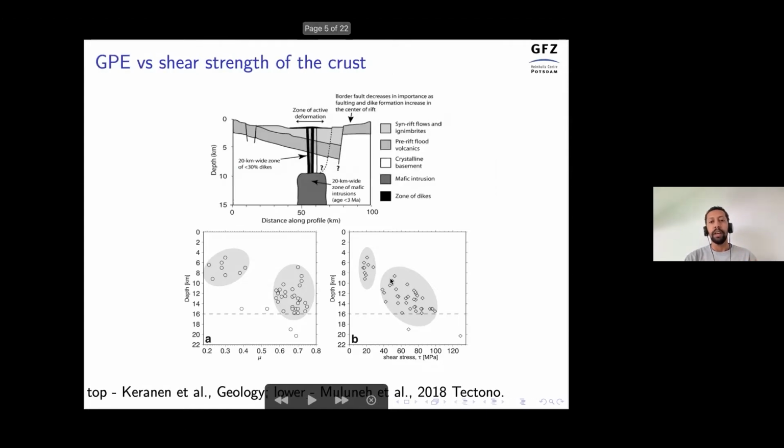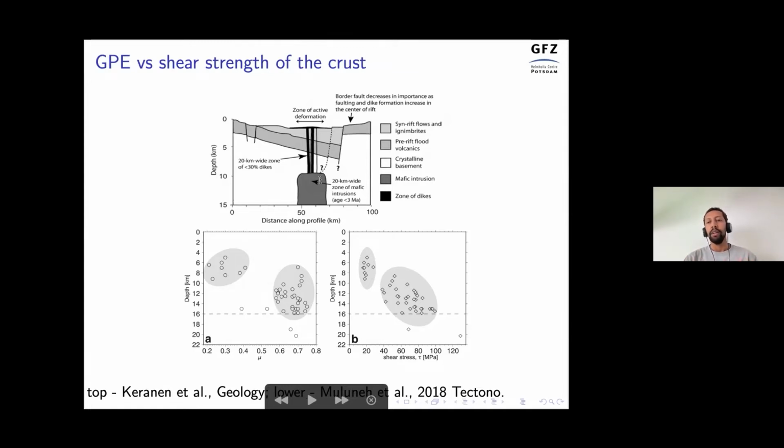This is a very nice schematic diagram again from a previous work, which shows that there is a dike intrusion in the main Ethiopian Rift, in the northern part, where we have a 20-kilometer wide zone of mafic intrusion. And this mafic intrusion will result in thermal metamorphism, so that weak minerals will be changed into strong minerals.